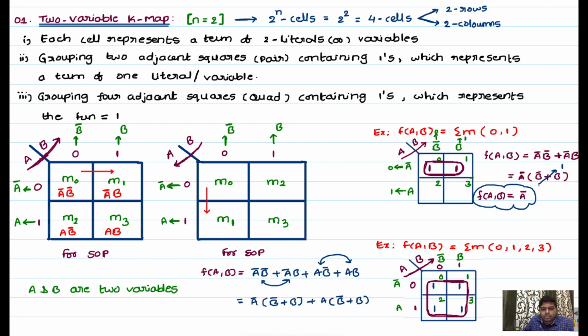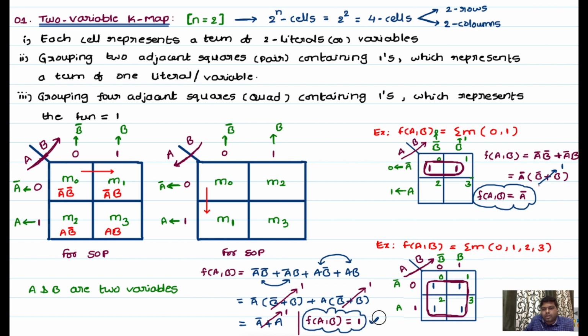Okay, so now here B bar plus B equals 1, and here B bar plus B equals 1. So what you will get, A bar plus A. According to our operation theorem, A bar plus A equals what? 1 only, right? So finally what you will get, f of a comma b equals 1.